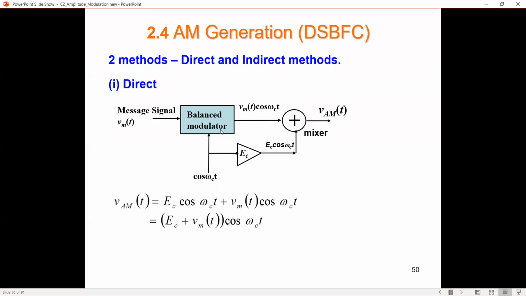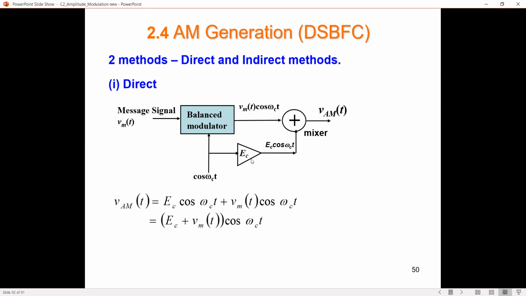From this balance modulator, we have the output VMT cos omega CT. We know that when we have this kind of equation, VMT cos omega CT, we will produce double sideband signals without carrier, from the last lecture. So we'll produce FC plus FM and FC minus FM.